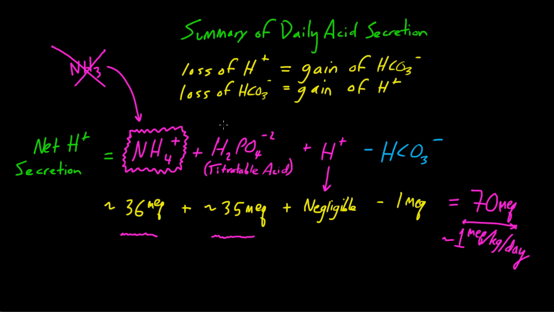What about some of the non-ammonia buffers? If the GFR is too low, it's possible they can't excrete all of these proteins or other buffers that they're normally able to, and that could diminish acid secretion. The actual amount of dissolved hydrogen ion is pretty negligible, so it's not really going to add too much to acid-base balance.